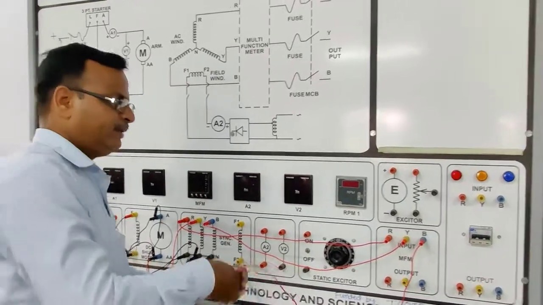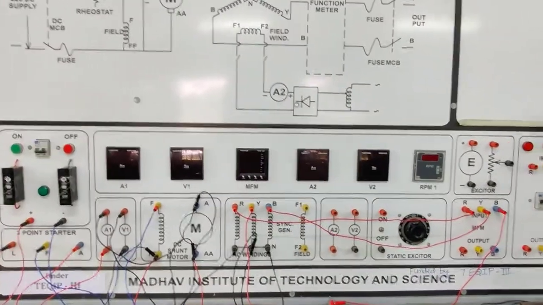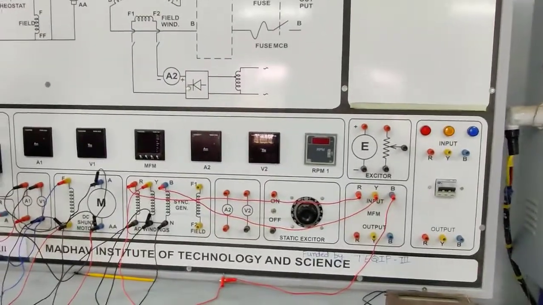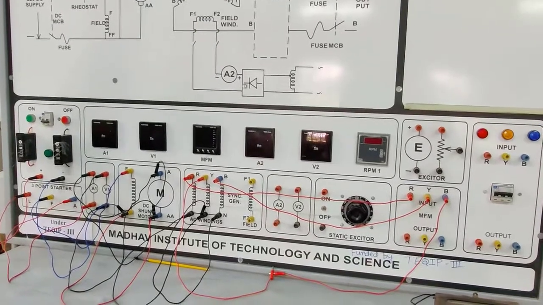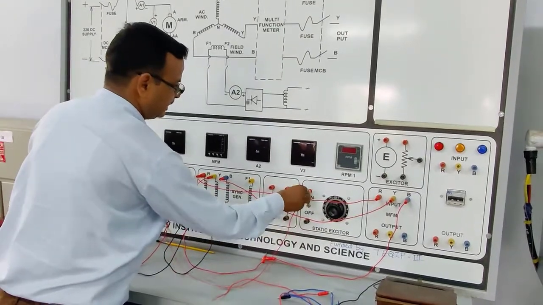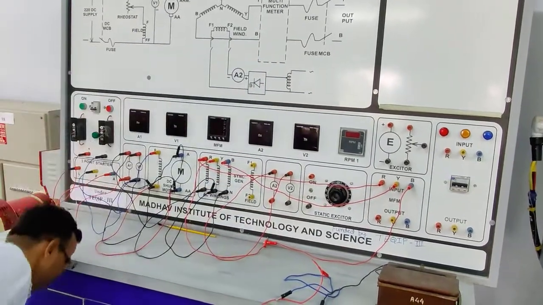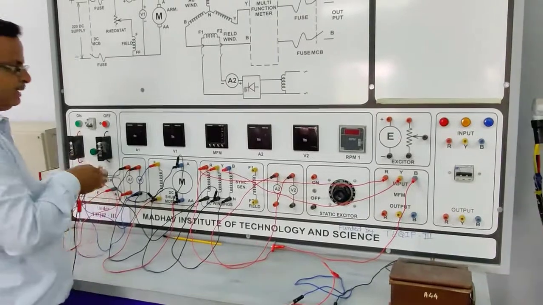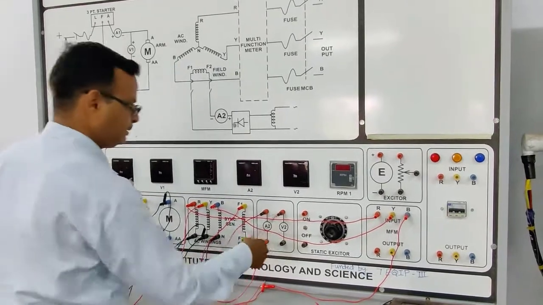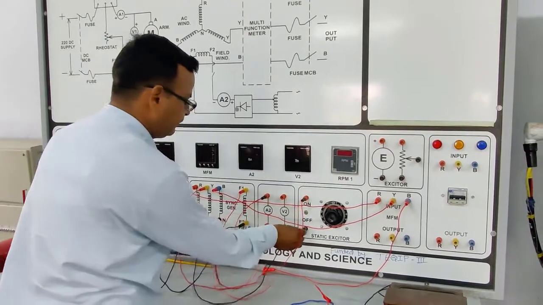Second, the field winding terminals. F1 of the field winding is connected to the DC exciter through a series ammeter, and this ammeter is connected to the F1 terminal, and FF is connected to the negative terminal of the exciter.